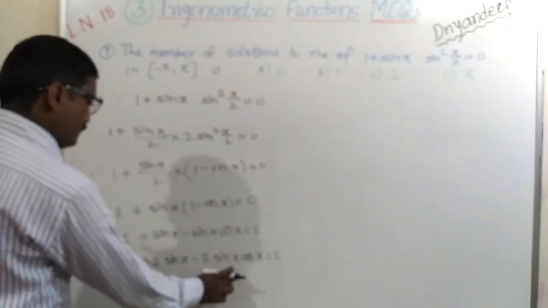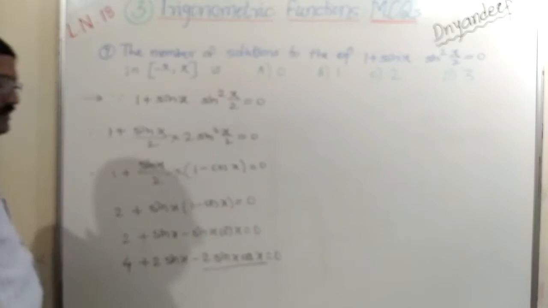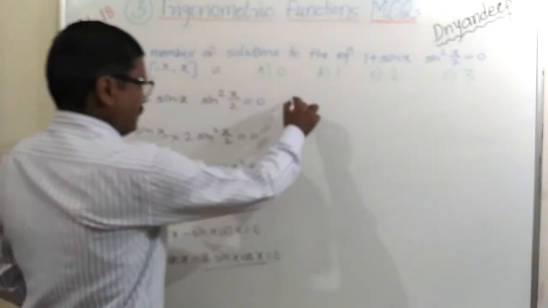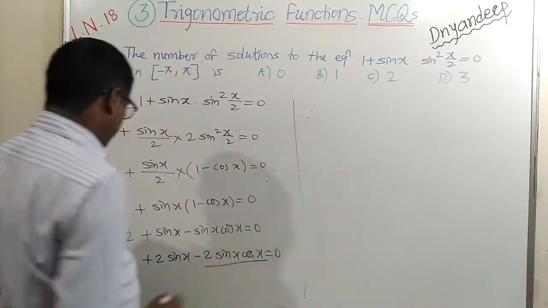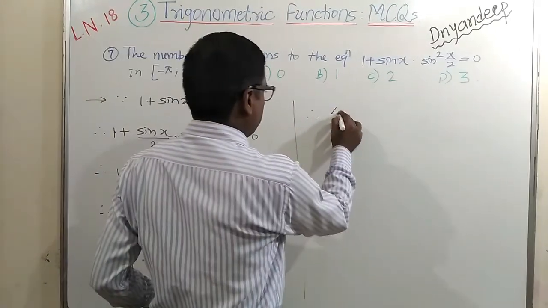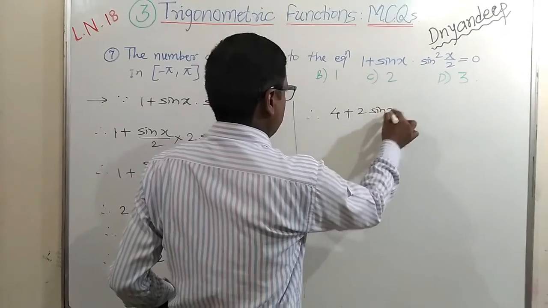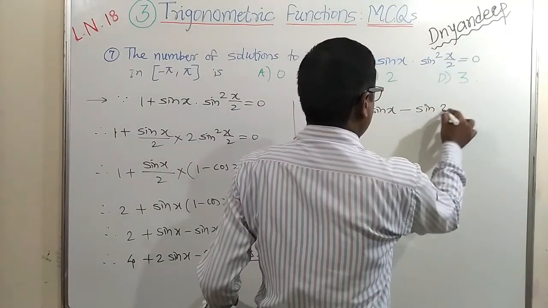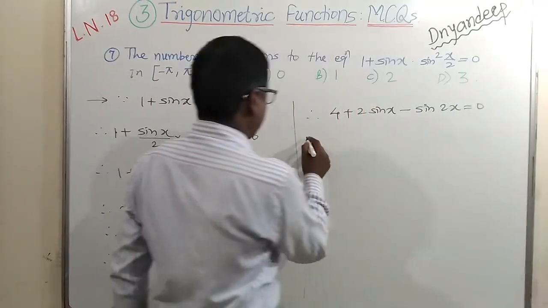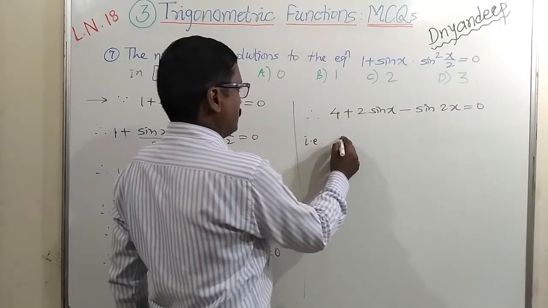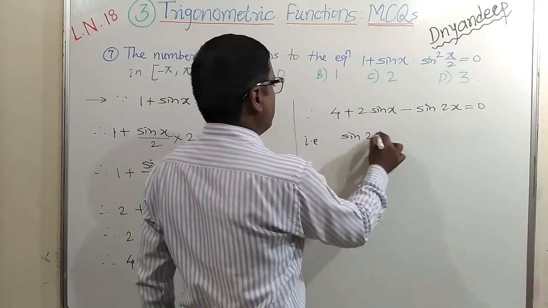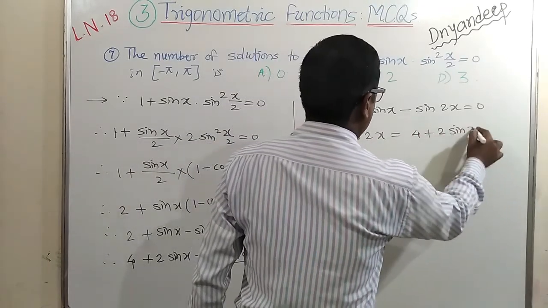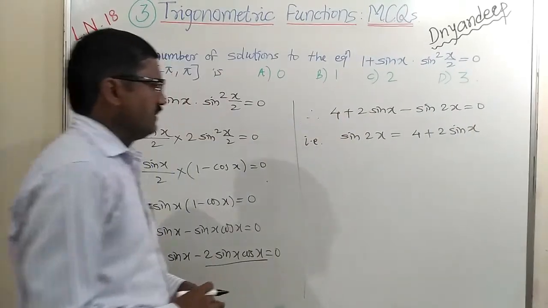Therefore this 2 sin x cos x is nothing but sin 2x. Therefore we get 4 + 2 sin x - sin 2x = 0. That is, sin 2x = 4 + 2 sin x.